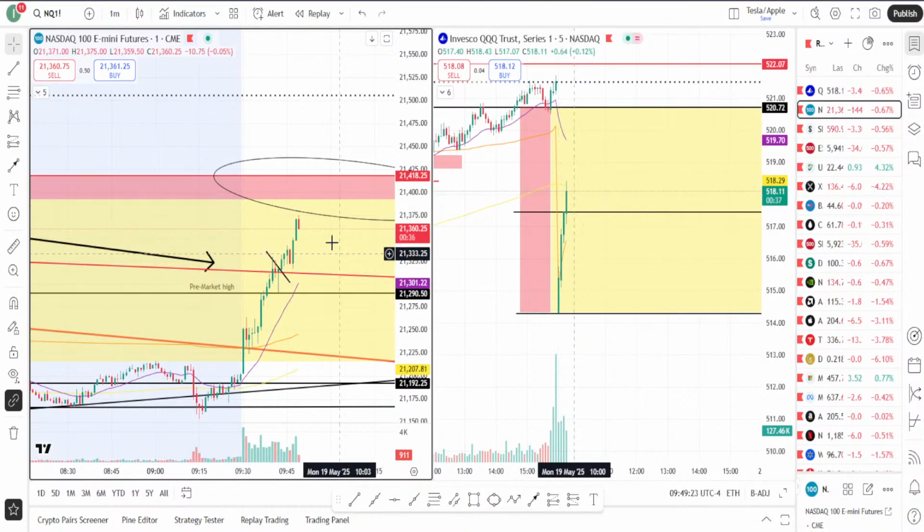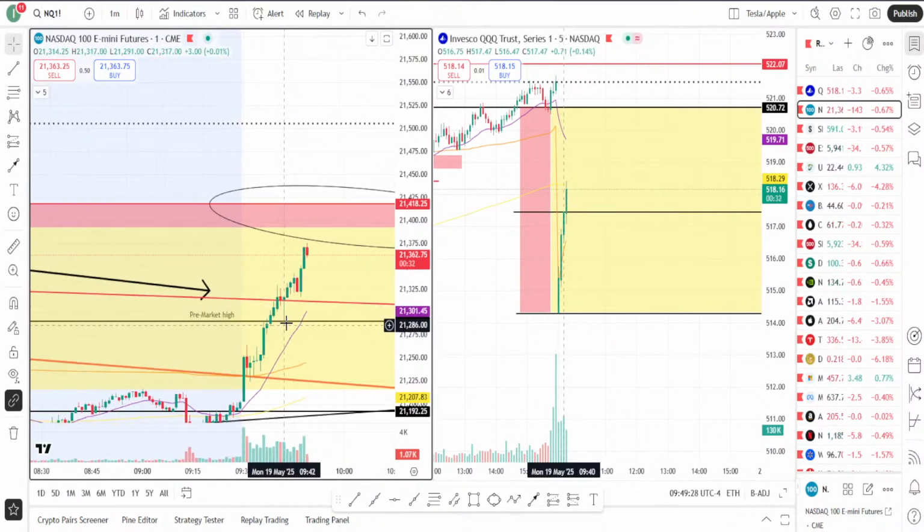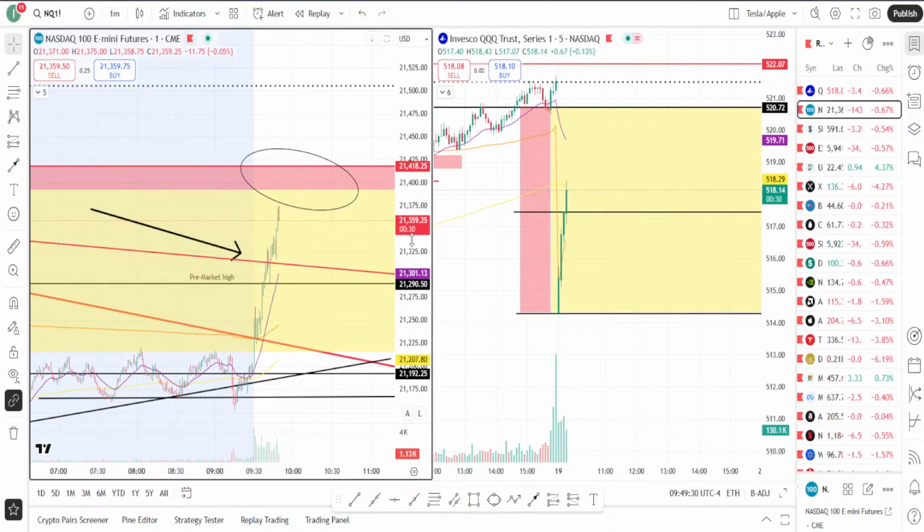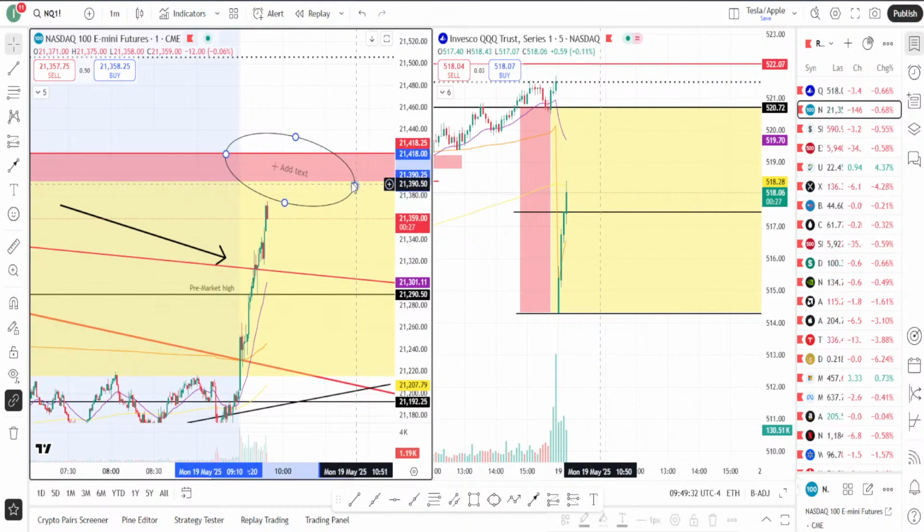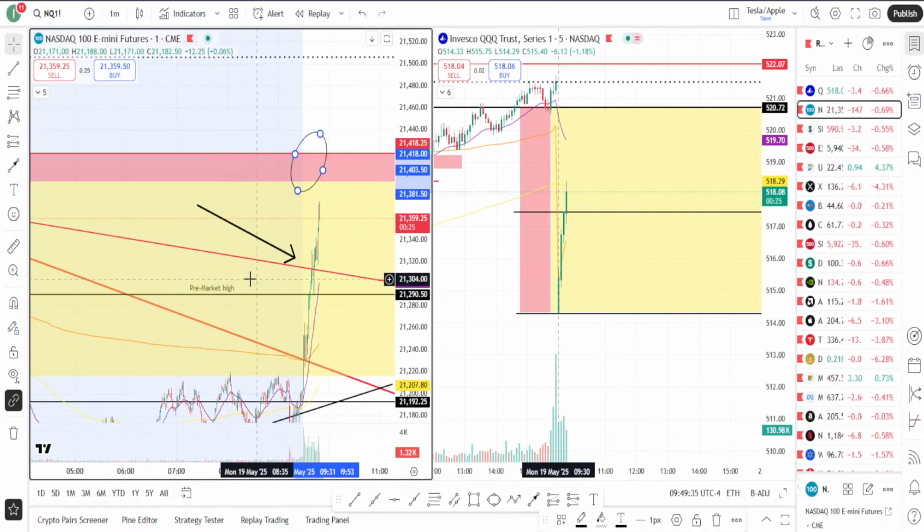There's not enough sellers in the market to pull this back. So it's letting us know clearly we're heading straight to the supply zone. So now we're looking for shorts up here.